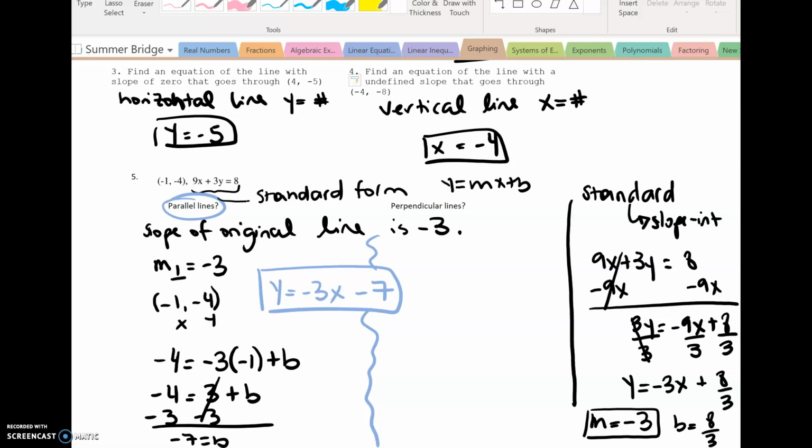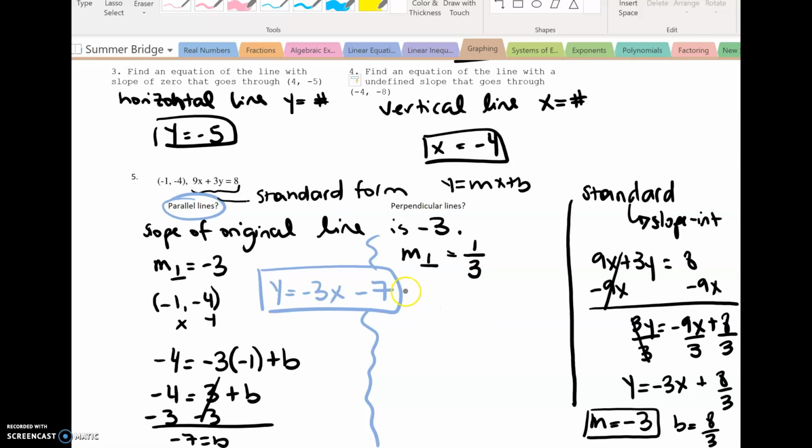perpendicular. So again, the slope of the original line is negative 3. My perpendicular slope is going to be the opposite reciprocal of negative 3. So the opposite of a negative is a positive, so positive 3, and the reciprocal of 3 is 1 over 3.